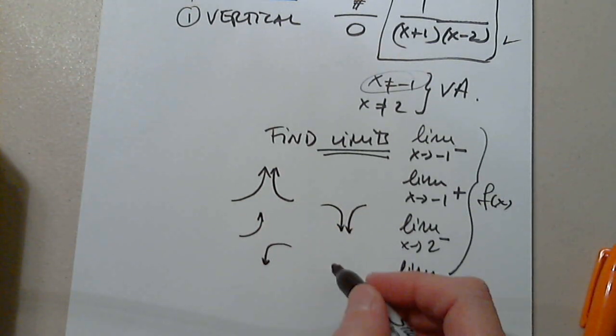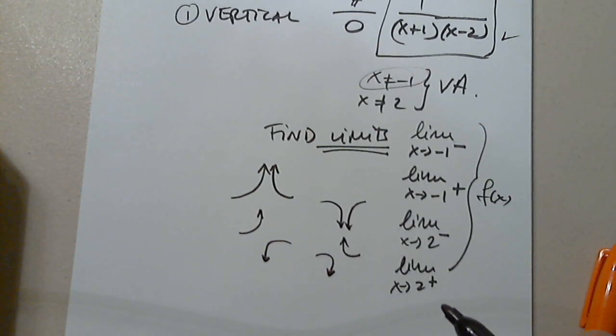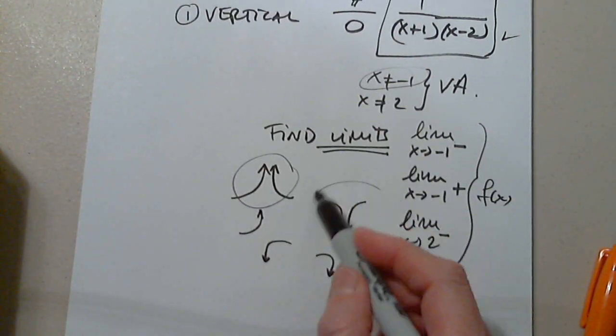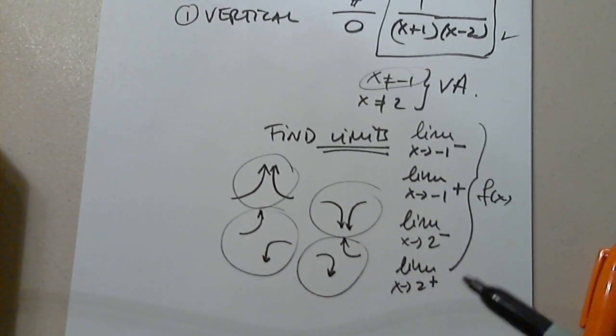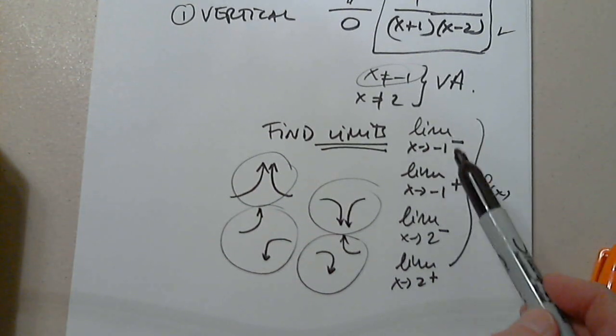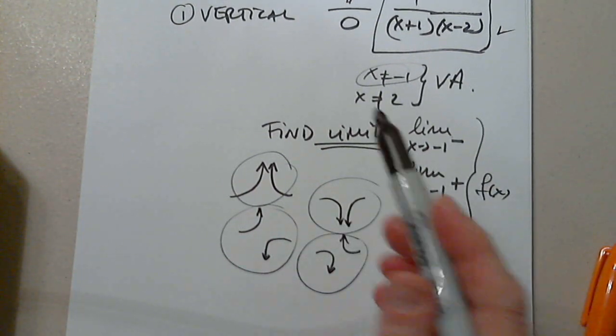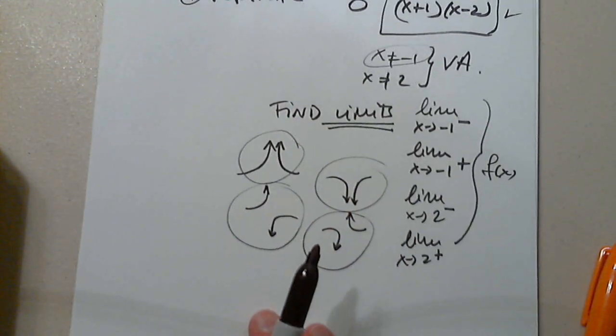That's the third case, or negative infinity, positive infinity. So 4 different situations: positive, positive, negative, negative, positive, negative, or negative, positive. So the answer has to be one of these. So that's all about vertical.